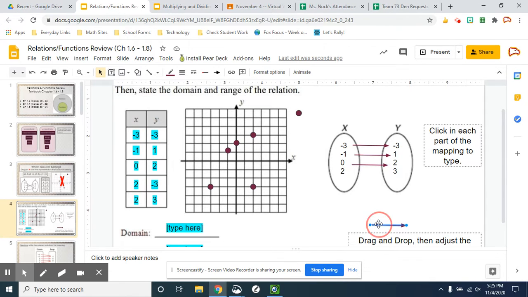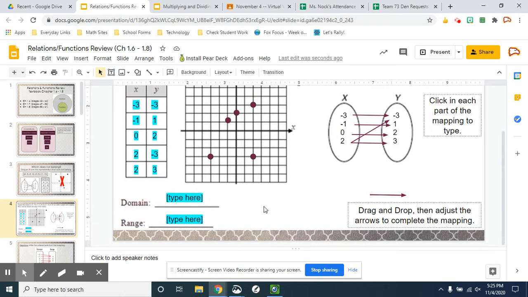And we have 2, -3. So I just need to readjust this. There we go. And then we have 2, 3. So since we have an input value, a member of the domain that is pointing at two members of the range, even though it's not asking you, I'm just bringing it up, this would not be a function.